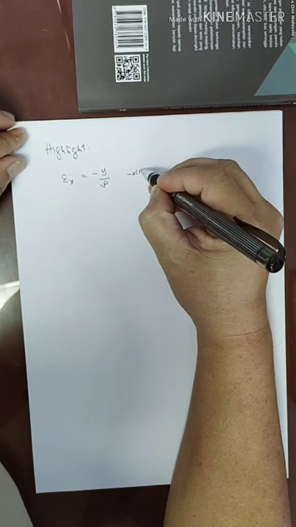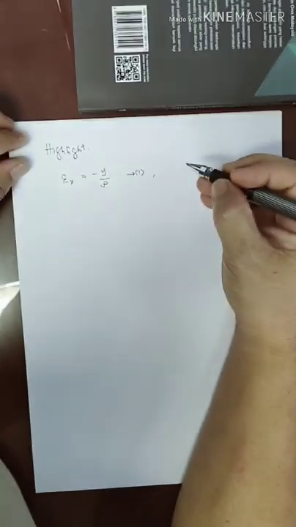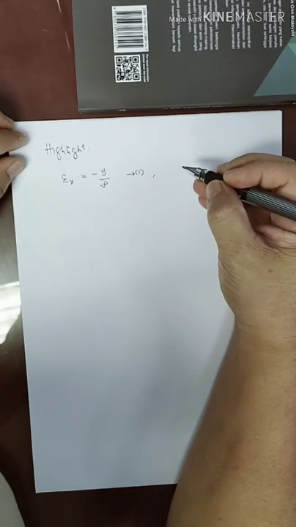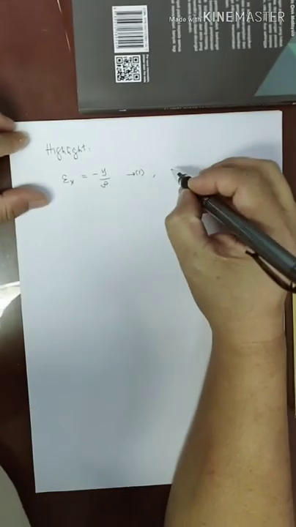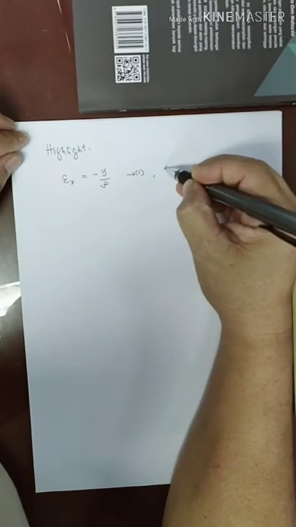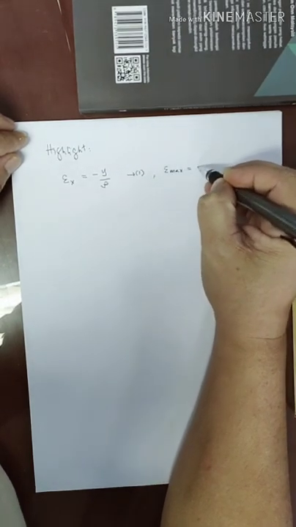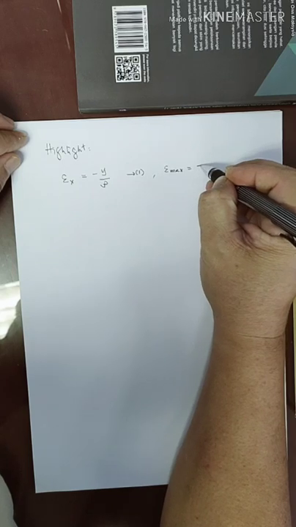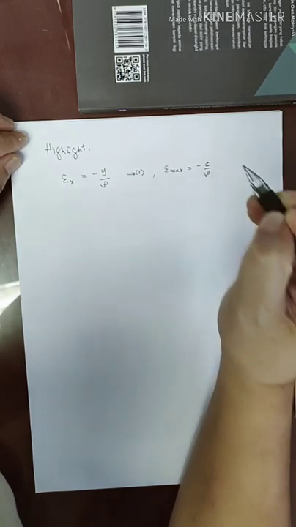This is the first equation that we had in the previous session. Due to the distribution in strain x, we also identified that the strain max is equivalent to negative c over rho.